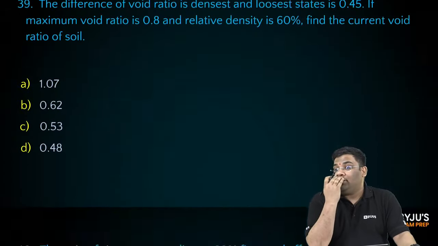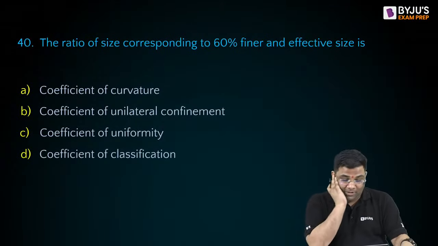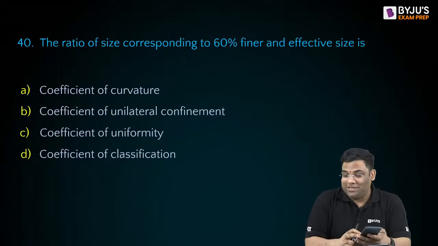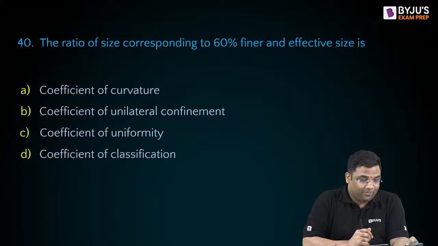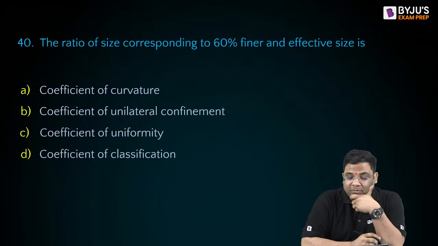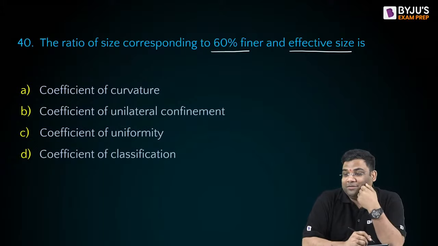Next question. This question I solved before also, but I wanted to put it in so that your concepts are revised again and again. The ratio of size corresponding to 60% finer and effective size is known as what?